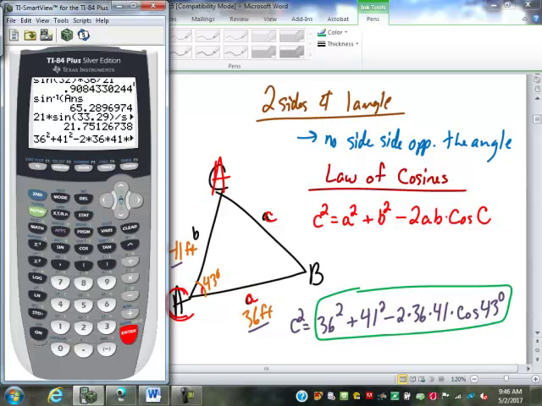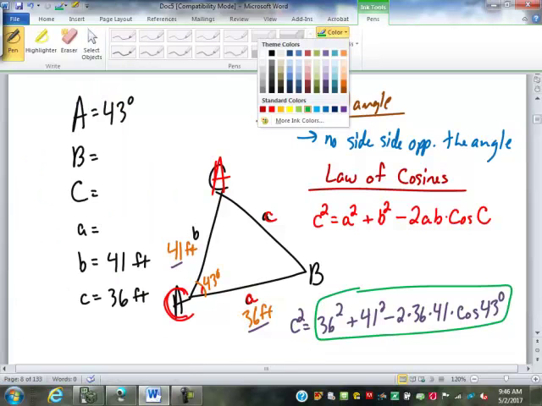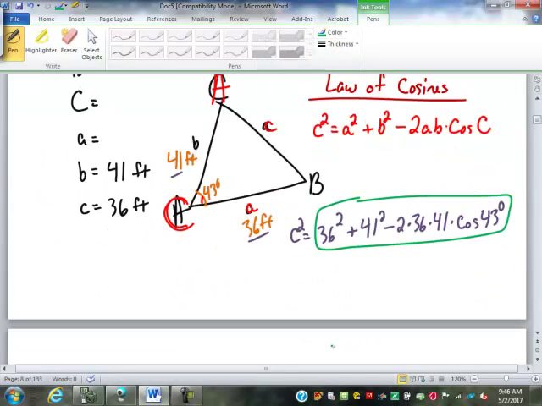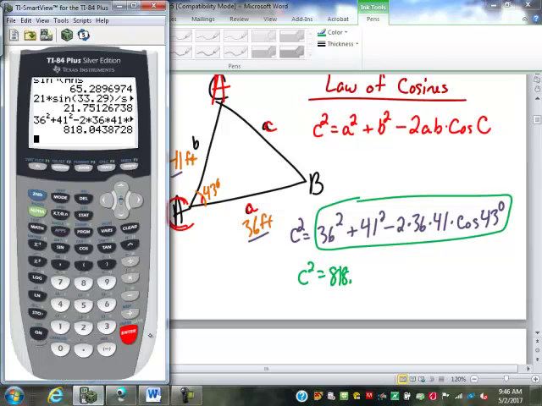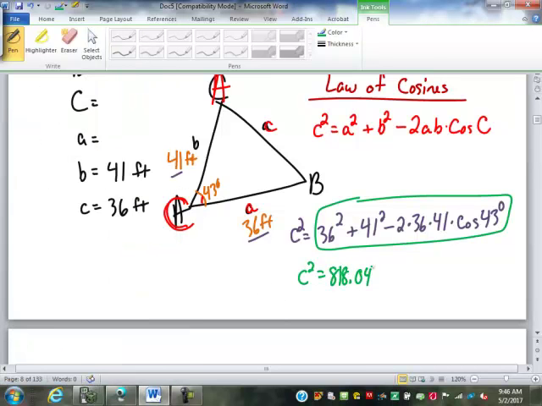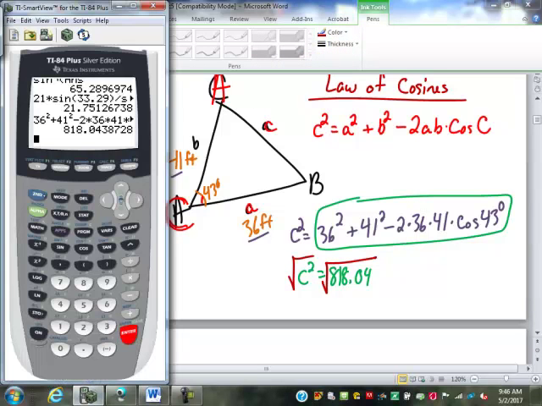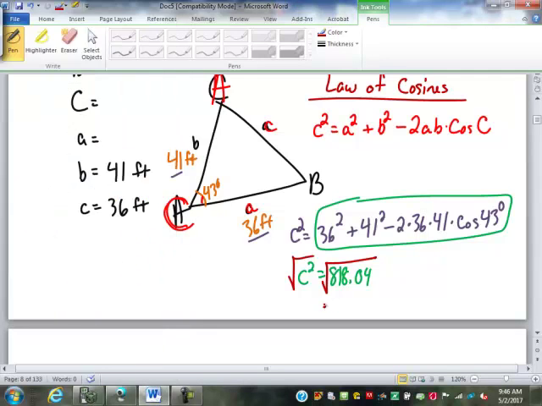I hit equals. I get 818.04. Now that is still c squared. To get c, I still have to square root that. So I do second square root, second answer: 28.60.